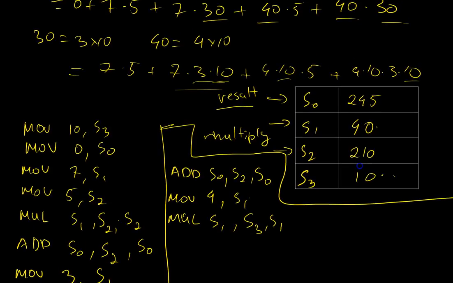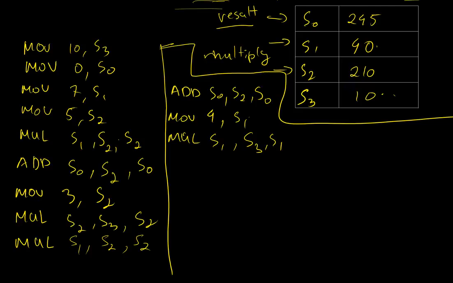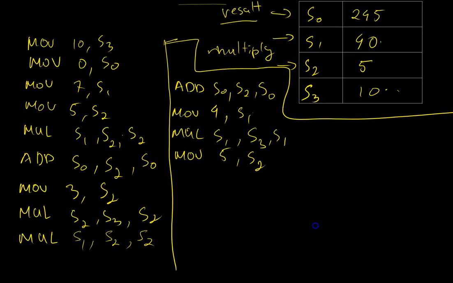And what do we multiply 40 by? Well, we need to multiply 40 by 5, and we need to multiply 40 by 30. So let's start with 5. First we need a 5 in our memory, so we're going to move 5 into S2. There it is. And then we're going to carry out the multiplication.